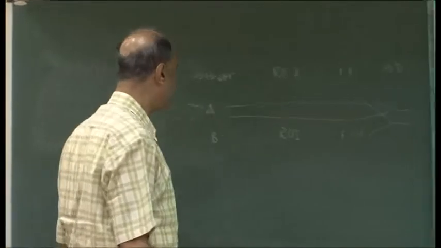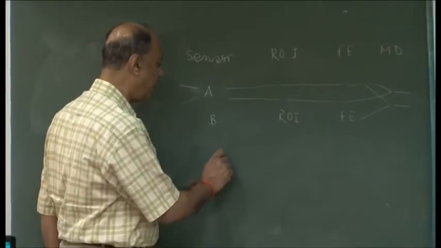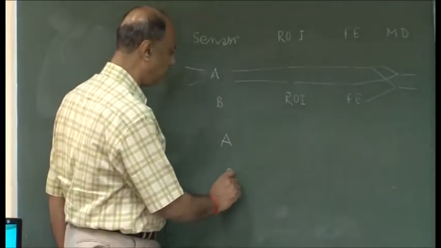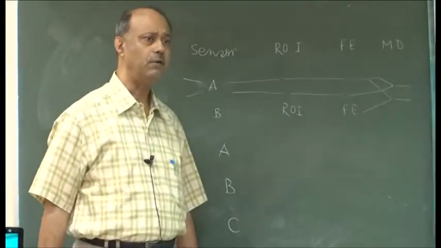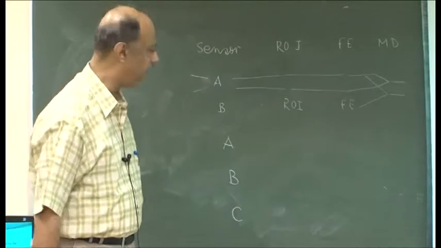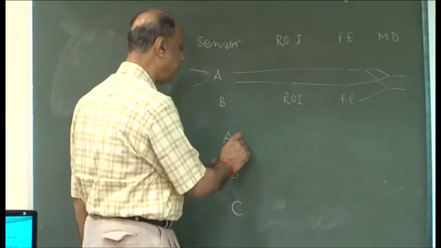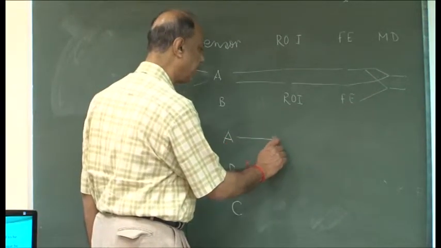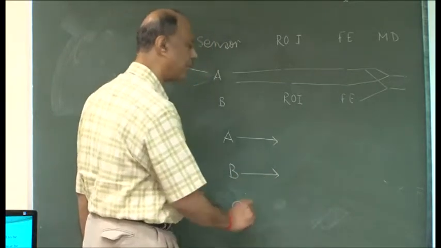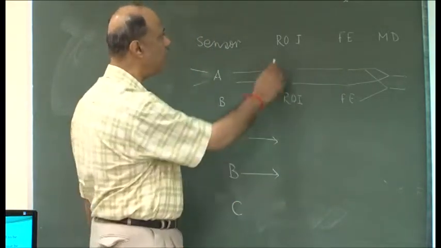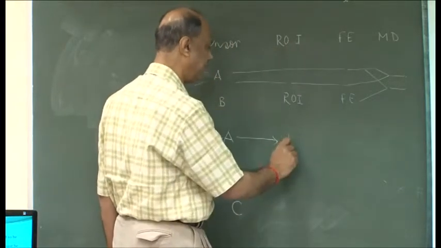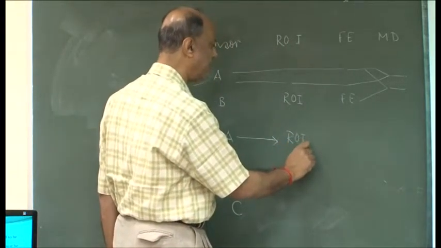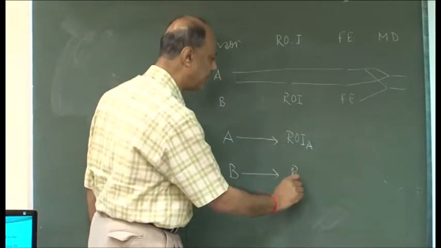So the problem becomes this: I have, let us say, three sensors. What the government of India, or any government, expects is that one image I extract from one sensor, another image from another, and I use, suppose, the ROI of A to extract the image.